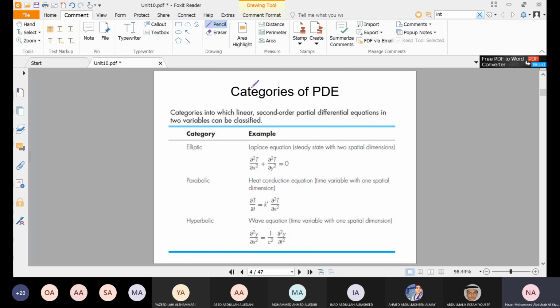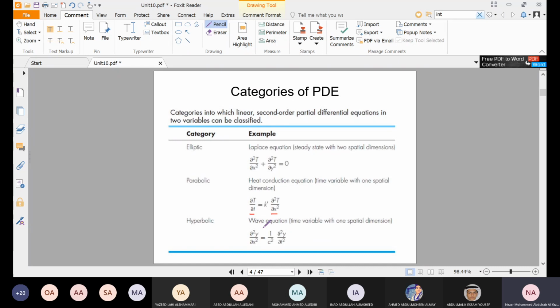The second type of PDE is the parabolic equation, and this usually includes the time variable with a first order derivative with respect to time, and a second order derivative with respect to space. Okay, so this is the parabolic type.